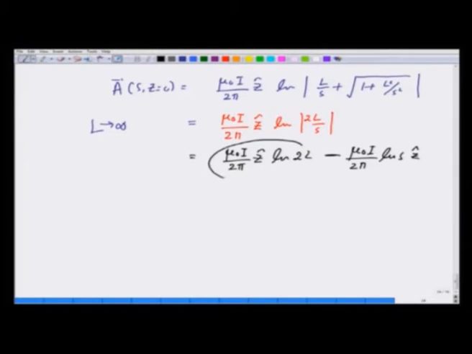This part goes to infinity as L goes to infinity, so I can ignore this; it is just addition of infinity. So, the s dependence actually comes out to be A of s. z it does not depend on. So, A is equal to mu naught I over 2 pi log s in the z direction. Indeed, the answer we had obtained earlier.